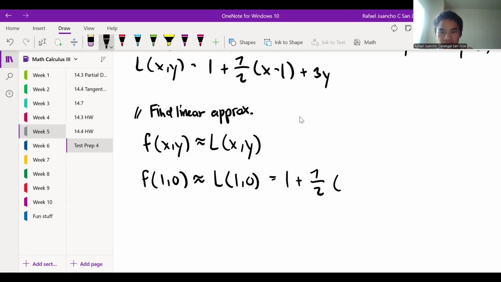I plug in my x and my y. I get 1, right? And so my linear approximation is just 1. And I hope I did get that. If I didn't, I'm going to be so sad.